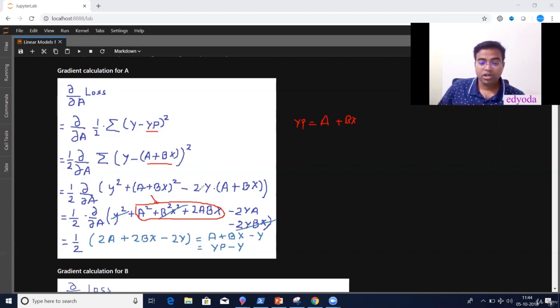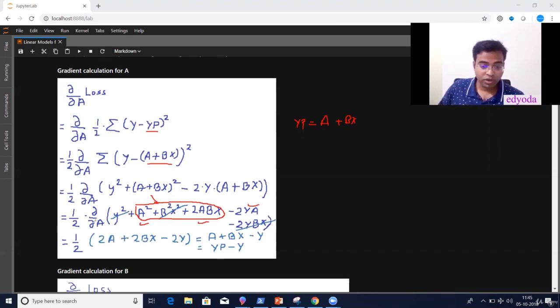Then 2ya, and you can see minus 2ybx. Now we are doing this with respect to ∂a, so we will remove all the data which does not have any a. It will treat this as a constant, and this as a constant. All we are left with is a square, abx, ya, all the elements that have a in it. All the others will be constant.